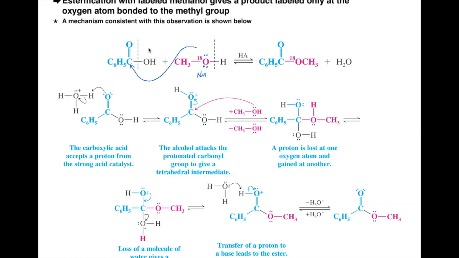Now, take note that this is a poor leaving group. And because this is a poor leaving group, we cannot simply have a direct nucleophilic attack on the carbonyl carbon. So that's one. So you have a poor leaving group.